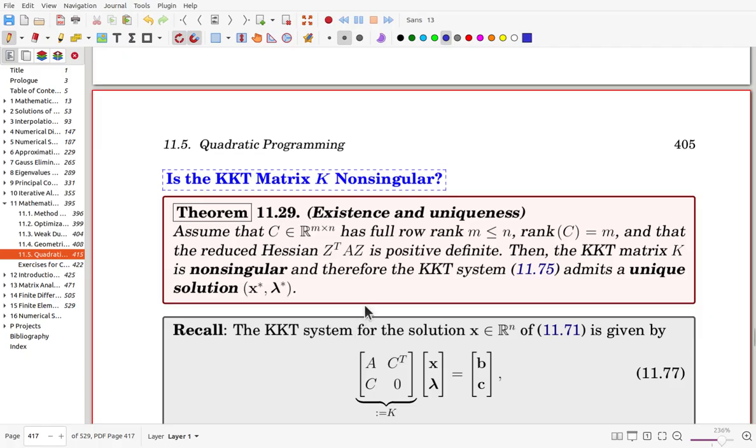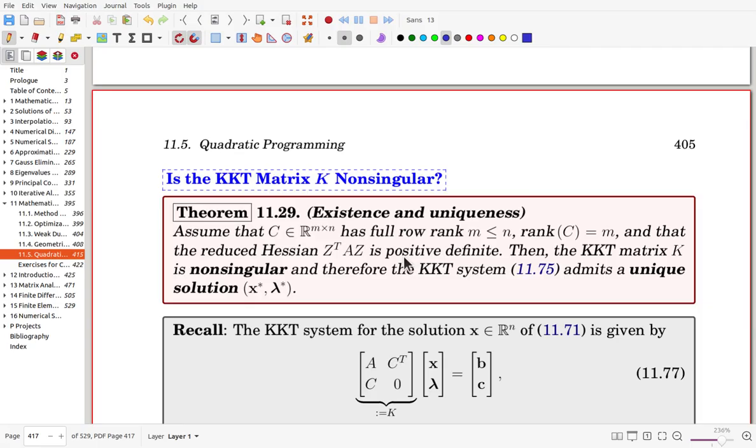So here we have a theorem, existence and uniqueness. We assume two things. One is that the matrix C has full row rank, and the reduced Hessian is positive definite. So we have two conditions.